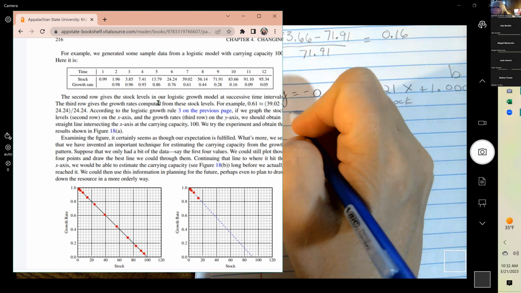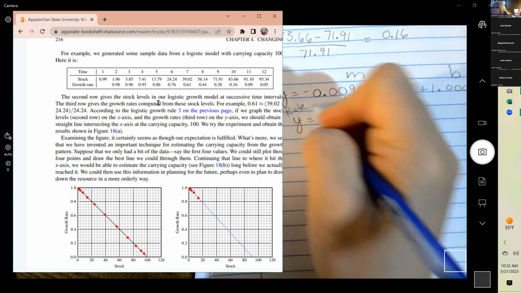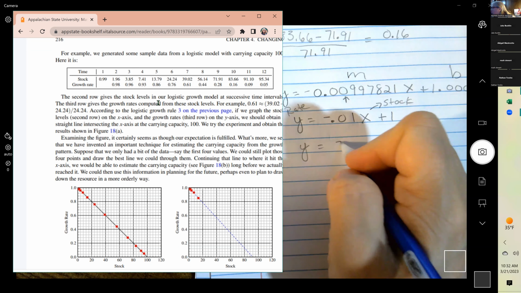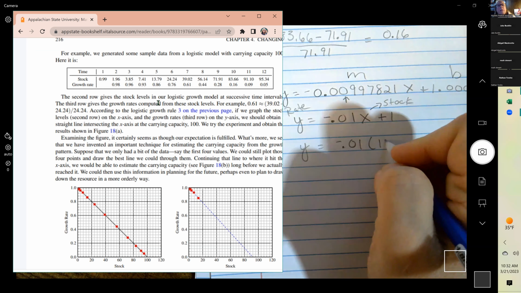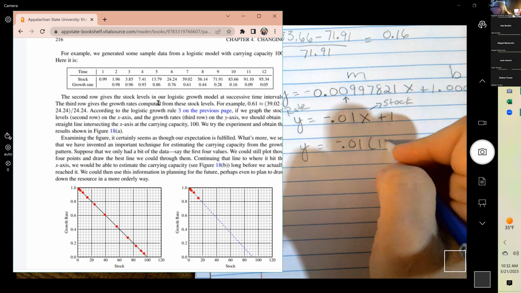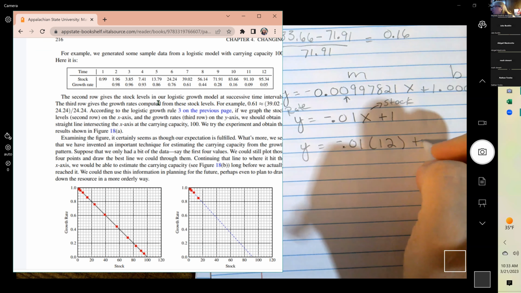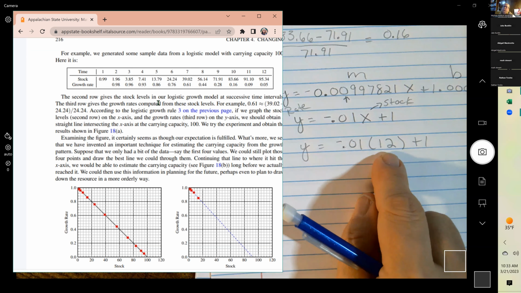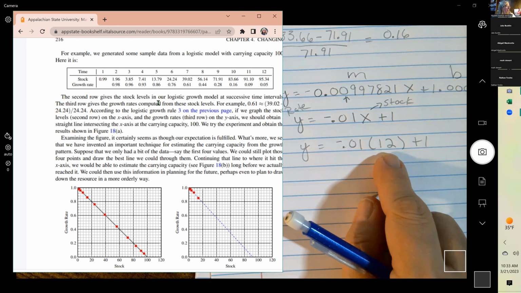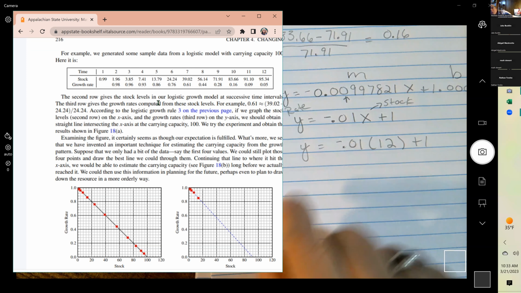And this is the rate. So if we wanted to know the rate when the stock was at 12, you can just plug it in. And this will give you an estimate.